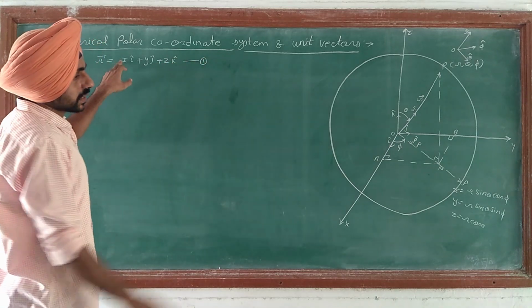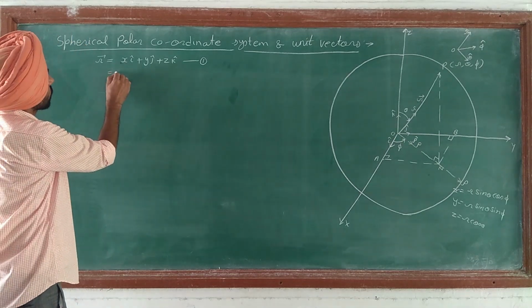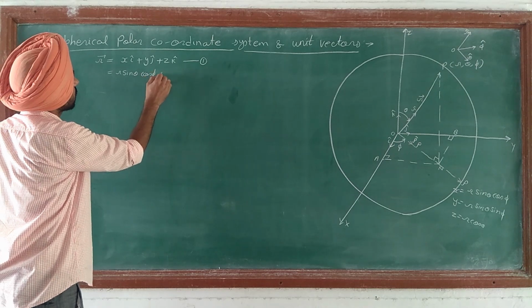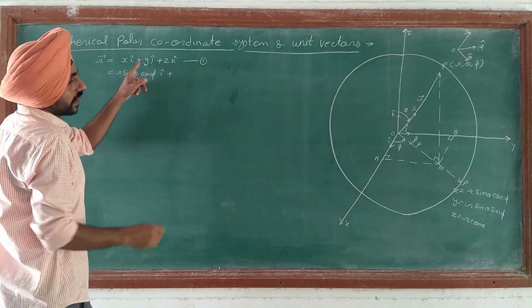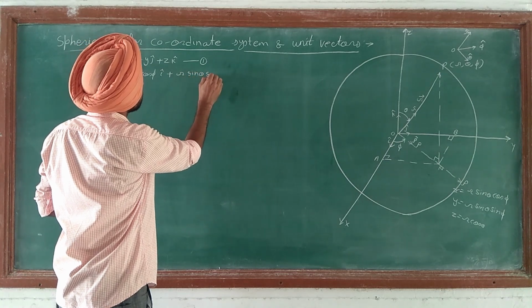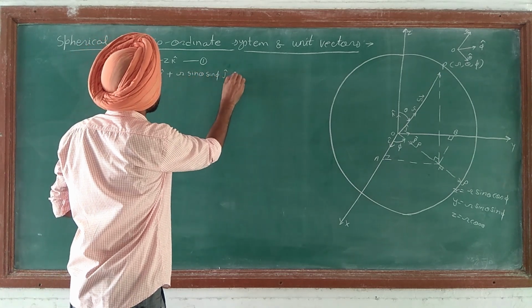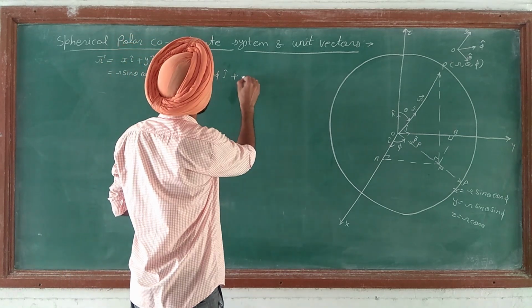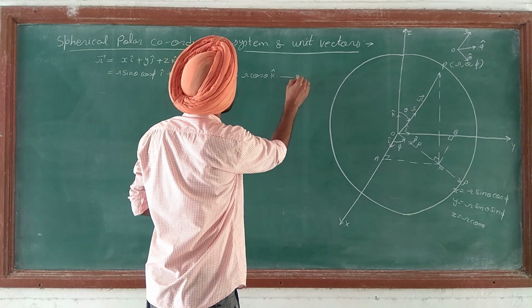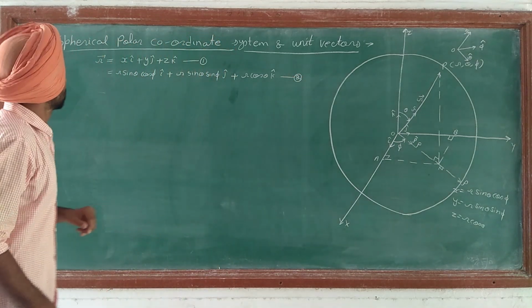We know x equal to r sin theta cos phi i cap plus y is r sin theta sin phi into j cap plus z is r cos theta k cap. This is equation number 2.